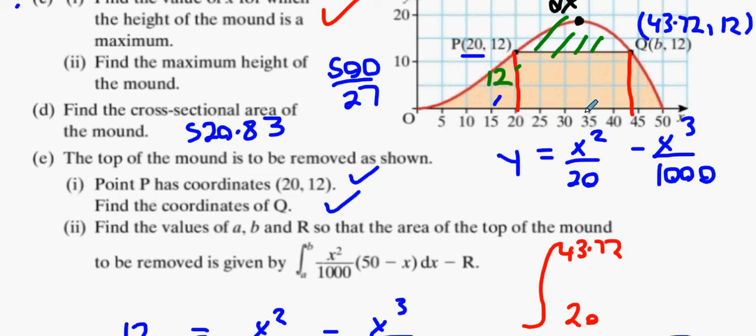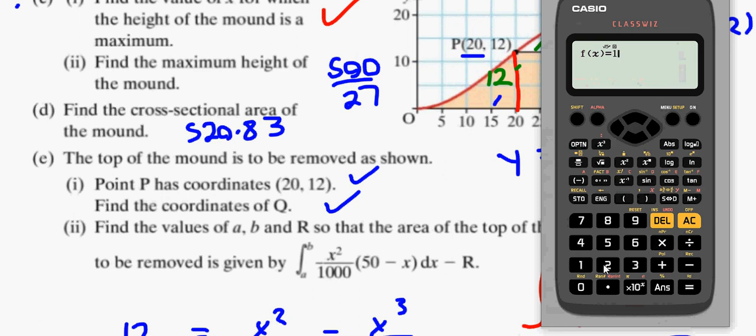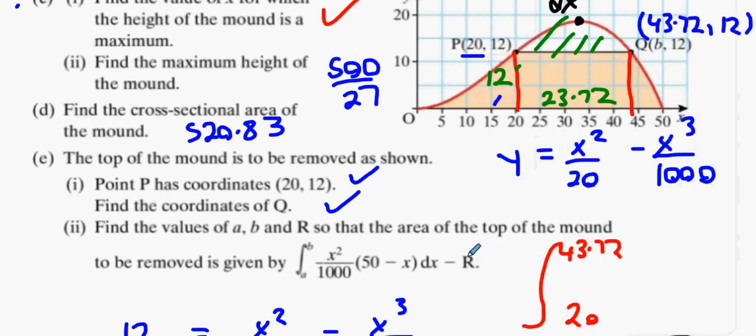What is the length? 20 up to 43.72, which would be 23.72. Multiply 12 by 23.72 and you get the area of your rectangle, 284.64. So the R value is 284.64.